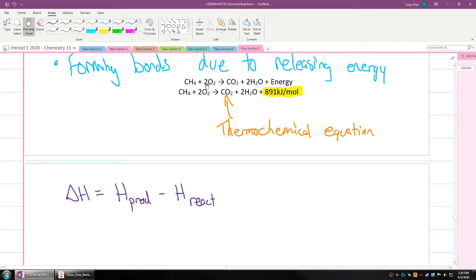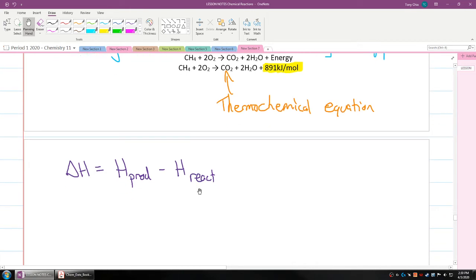Well, if the reactants have more energy than the products because you released energy, then delta H will be negative. But negative by how much? Well, it released 891 kilojoules per mole. In this case, because you released that much, that is how much you need the difference between your product and reactants. Thus, delta H is equal to negative 891 kilojoules per mole.